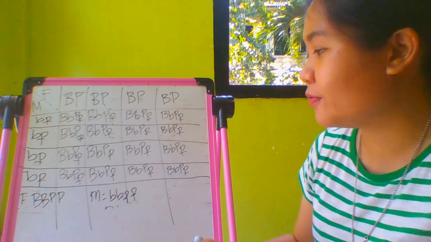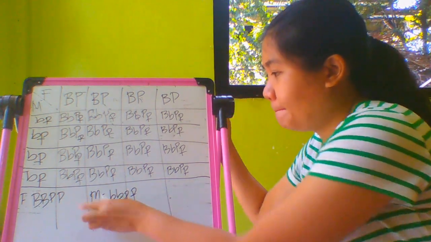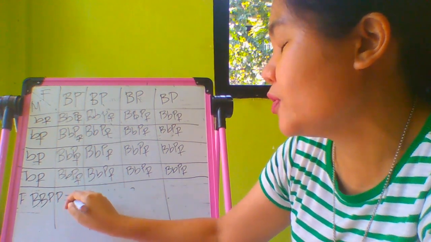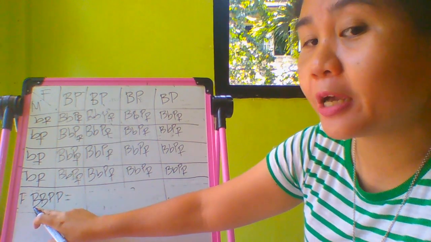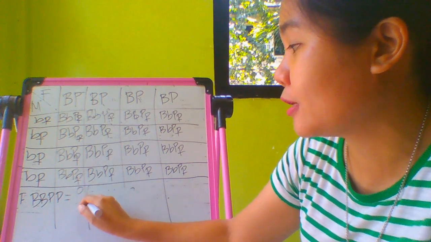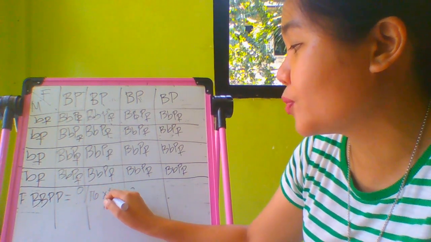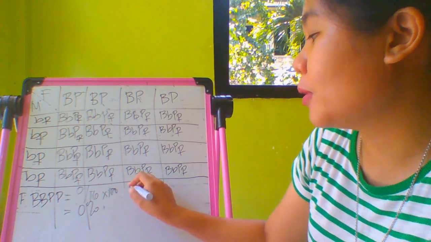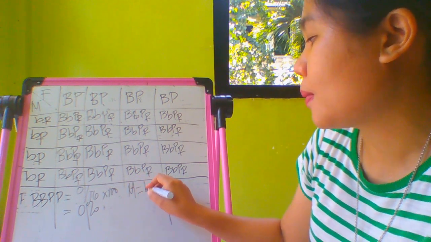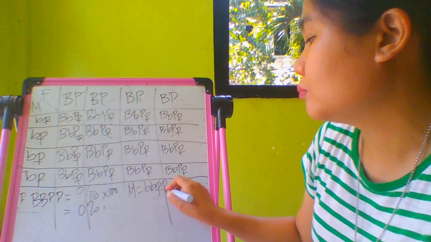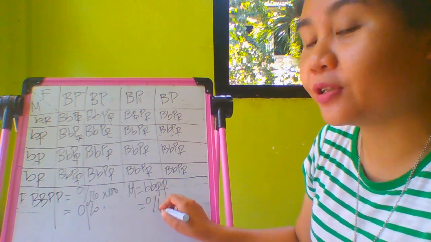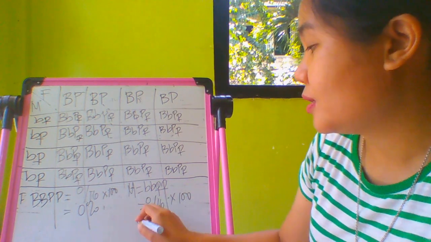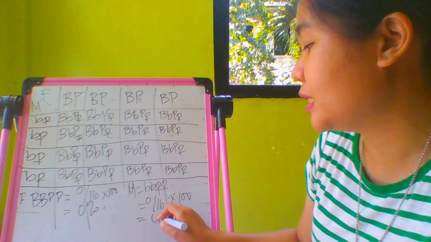So how are we going to solve this? Since none of the squares have the same genotype as that of the mother, it's 0 out of 16 times 100. That's 0%. How about the father? 0 out of 16 times 100. That's 0%.